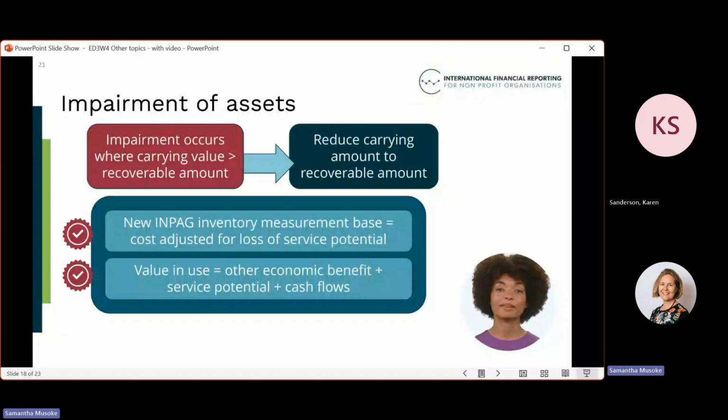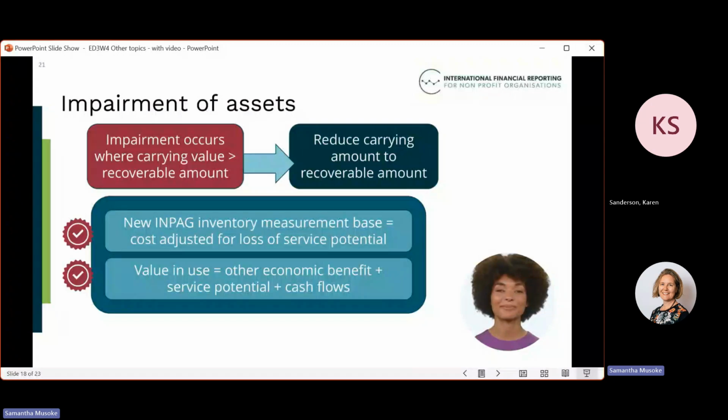In Exposure Draft 2, there was a proposal for a new measurement base for inventories that are held for distribution at no or nominal cost. It proposed that this inventory is measured at its cost, adjusted. This new measurement base has been added to the requirements of this section.